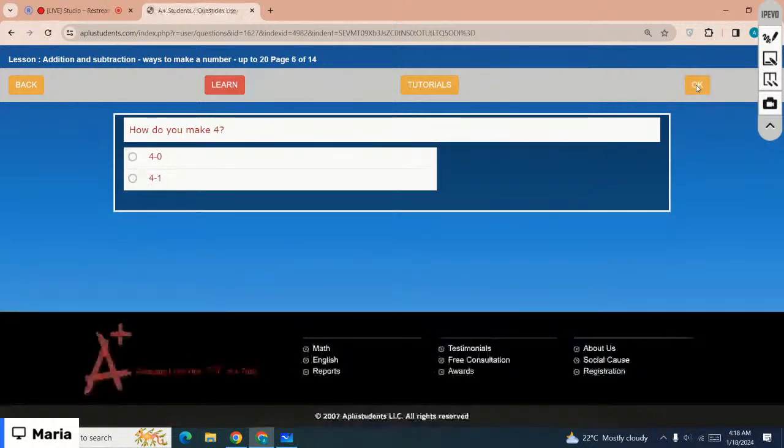How do you make 4? Which is the correct option?